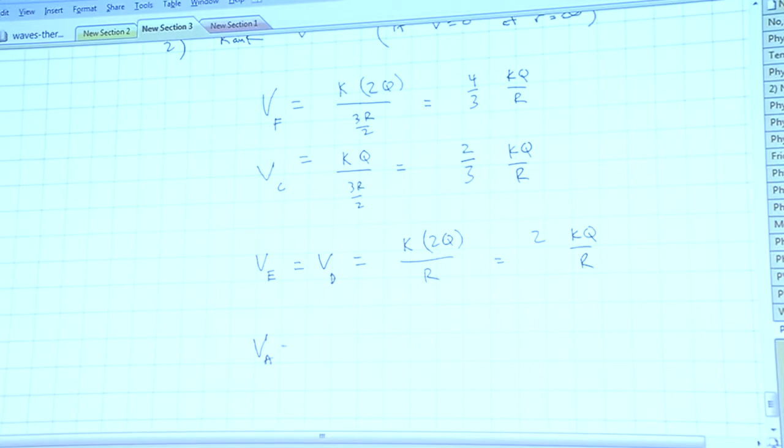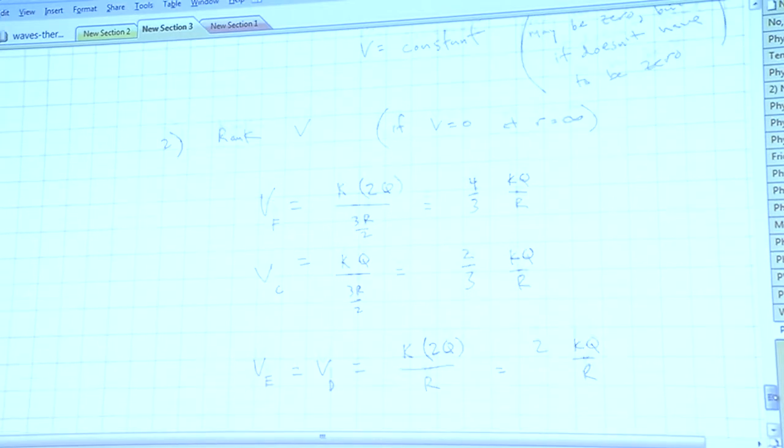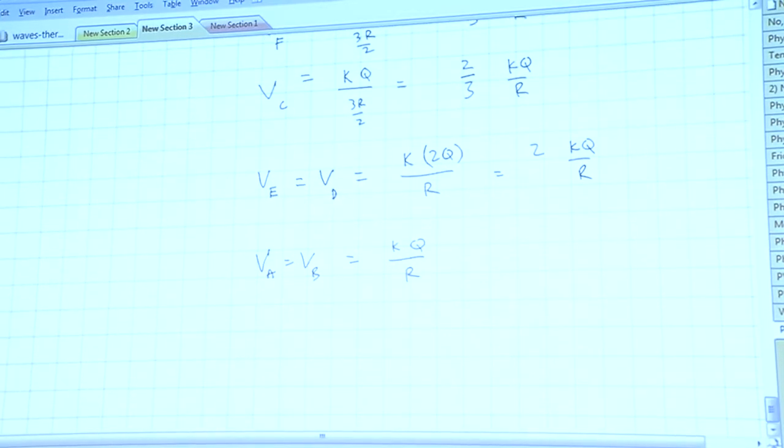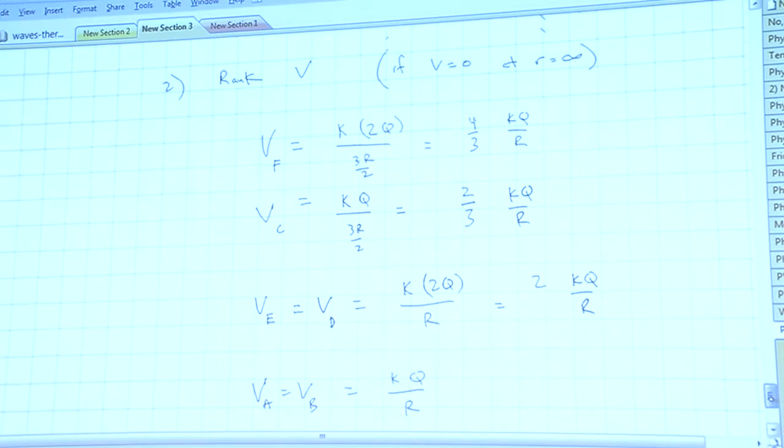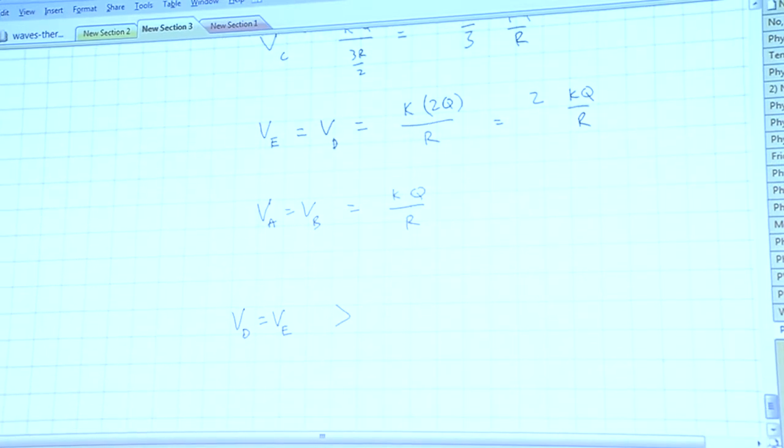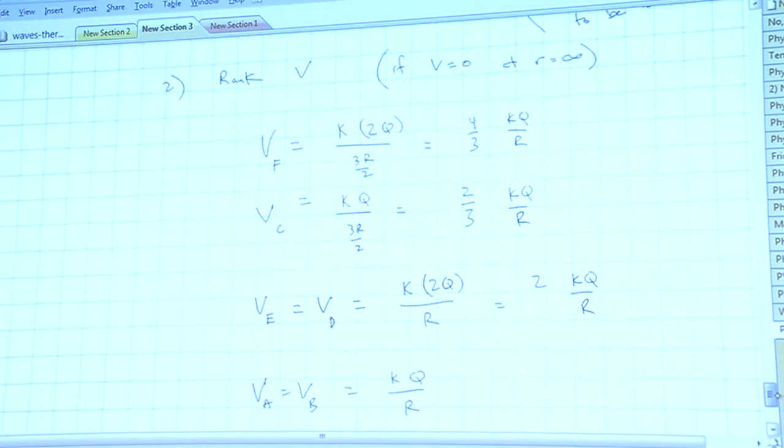A and B. So the biggest ones are D and E. What's next? F. Then A and B. And then C. And they're all greater than 0, right? Did I get those right? I think I got them right.